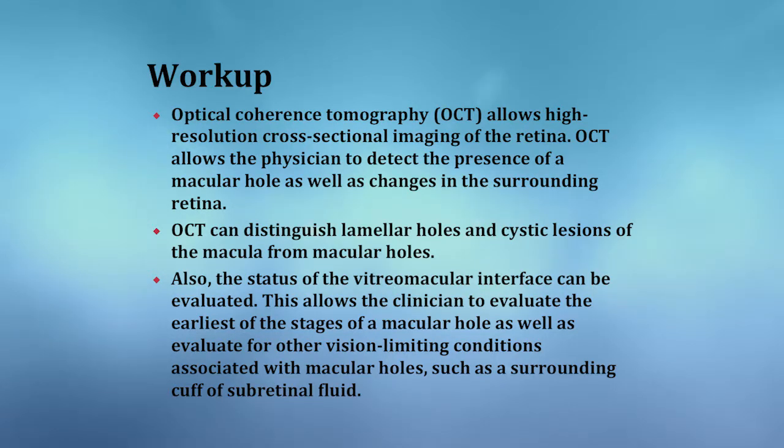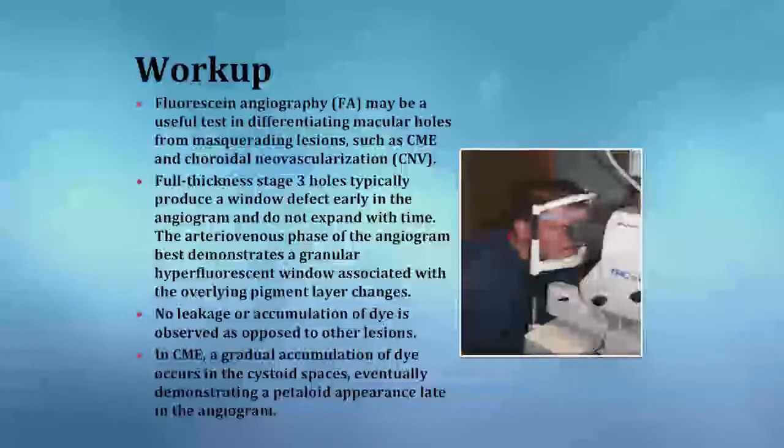It also distinguishes a lamellar hole from a cystic lesion, and shows the status of the vitreomacular interface. As I just said, it allows the clinician to evaluate the earliest stage of the macular hole as well as other vision limiting conditions associated with it, such as surrounding cuff of subretinal fluid accumulation at the edge of the hole. All these things will be apparent by OCT.